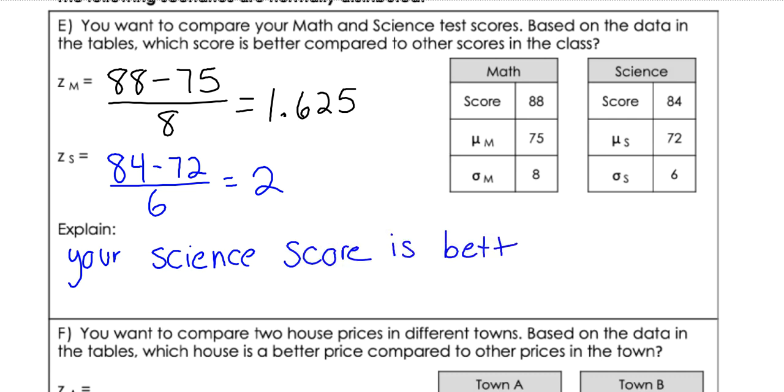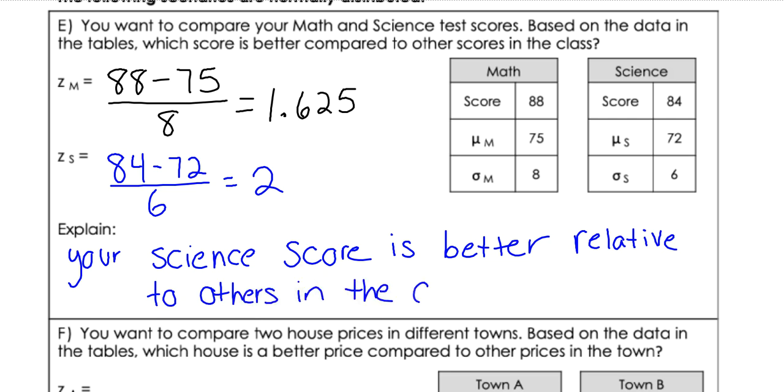Even though it was a lower score, it's better because it's better relative to what else is going on in the class. Your science score was more standard deviations away from the mean, meaning it was even better than the math score.